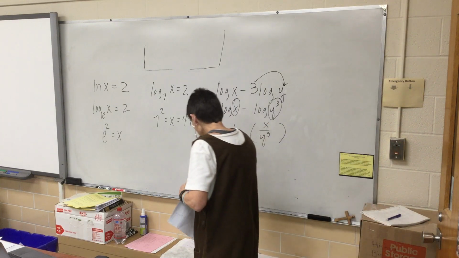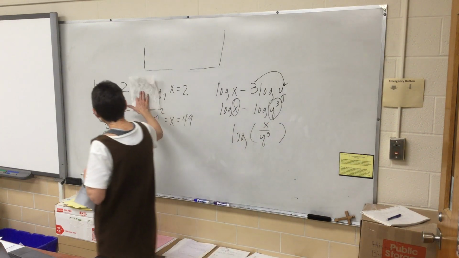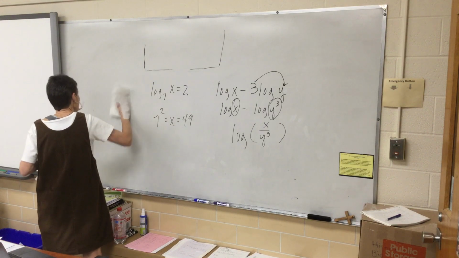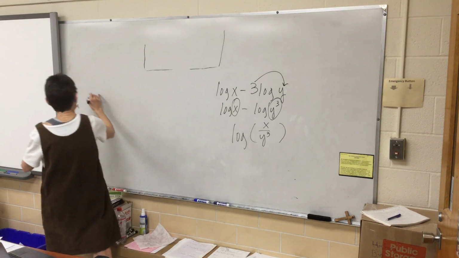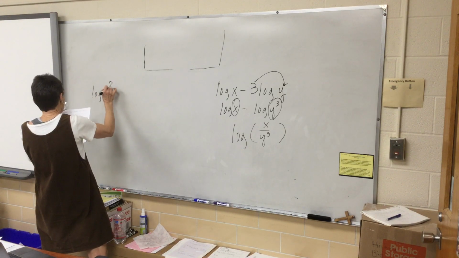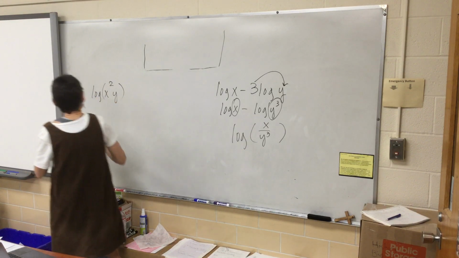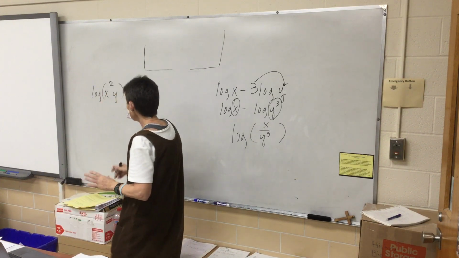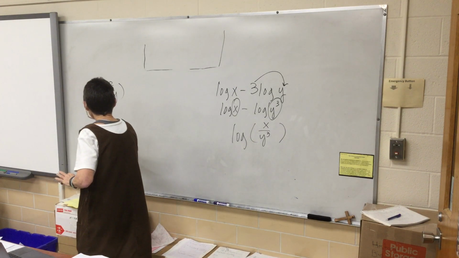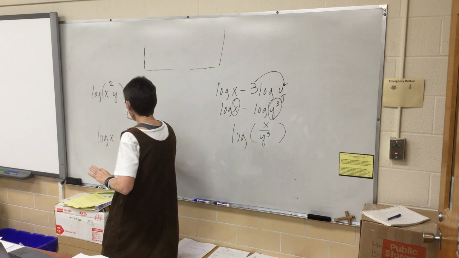Then 6 is exactly the opposite. In 6, it's already together, and you're going to pull it apart. Now remember, when they tell you to pull it apart, it means you need to have a logarithm with an x and a logarithm with a y.